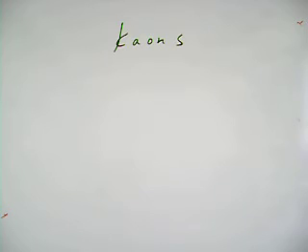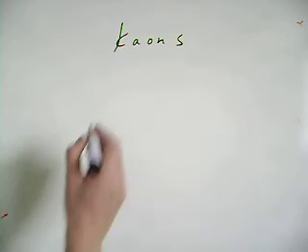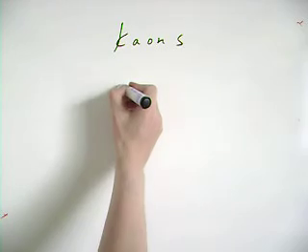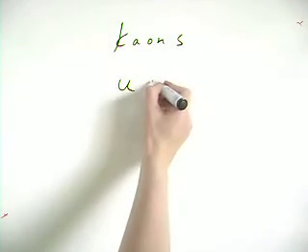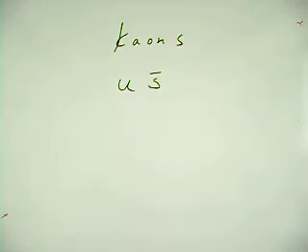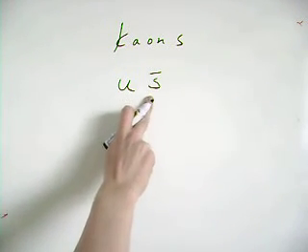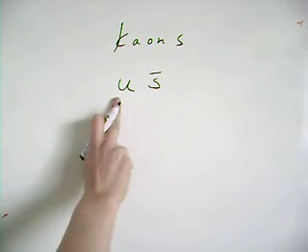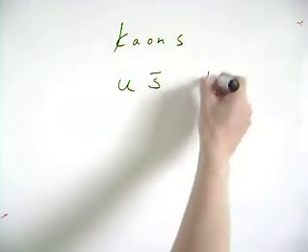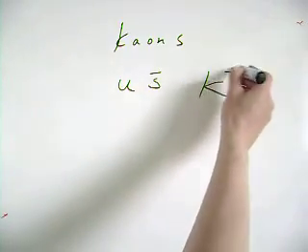So again, if we just cycle through the various combinations, we can have an up quark in conjunction with an anti-strange quark. A strange quark has a charge of minus 1/3. So an anti-strange quark has a charge of plus 1/3. This has got a charge of plus 2/3. So that gives us the positive kaon.